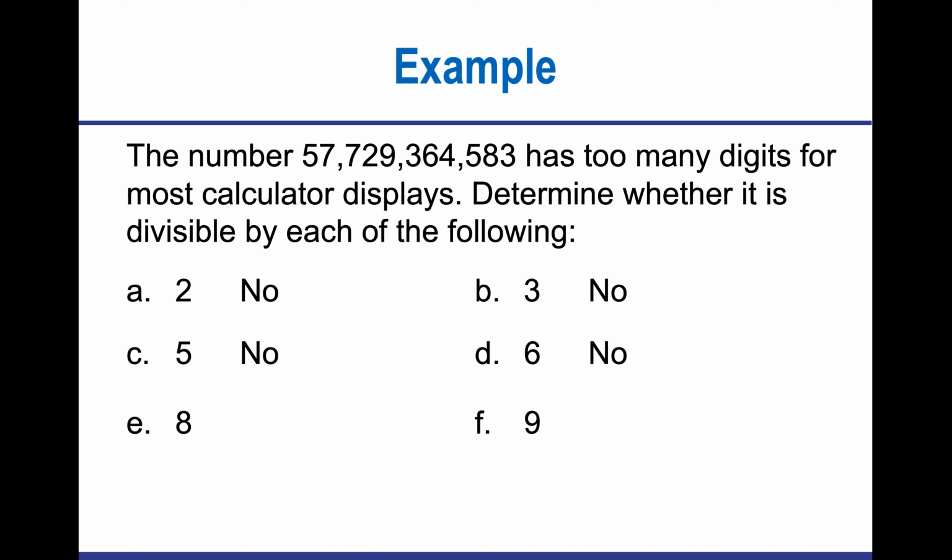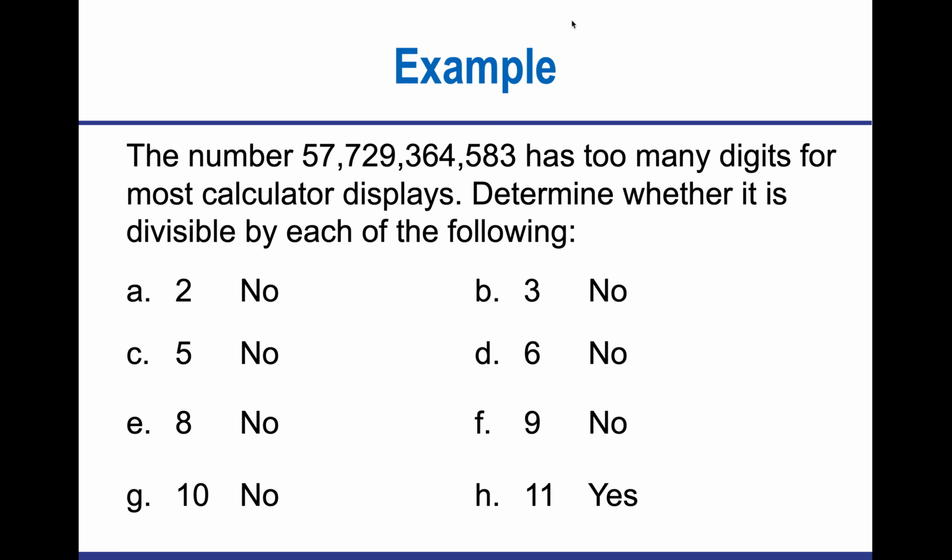For 8, I'm going to have to look at those last 3 digits and see if they're divisible by 8. 583 is not divisible by 8. And then for 9, I'm going to add up all these digits, and the sum of those digits is not divisible by 9. For 10, it has to end in a 0, which isn't the case.